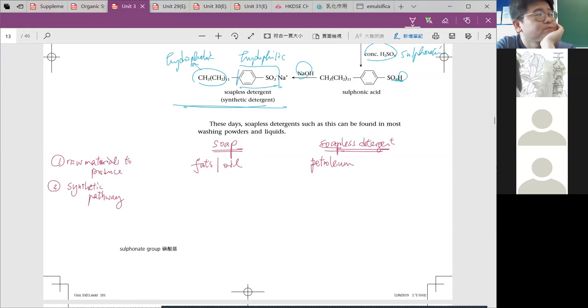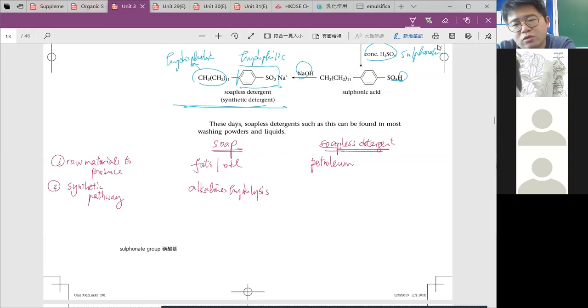Are you here? How can we produce soap from fats and oil? No. How about the others? Yes, alkaline hydrolysis is very good. I would like to add some alkaline into it and stir it vigorously, and you can produce the soap.